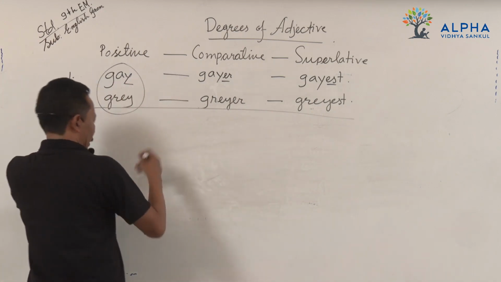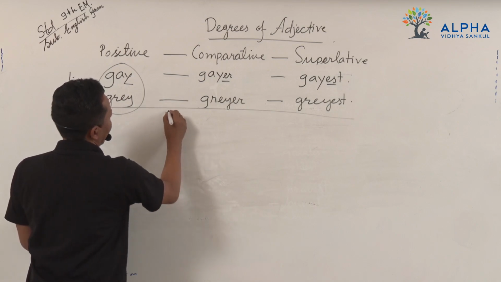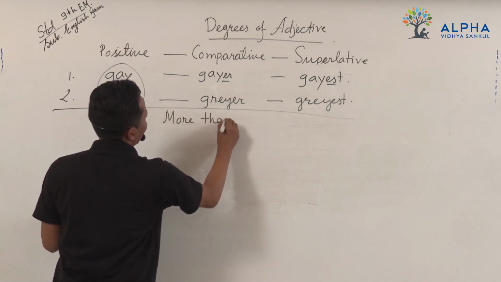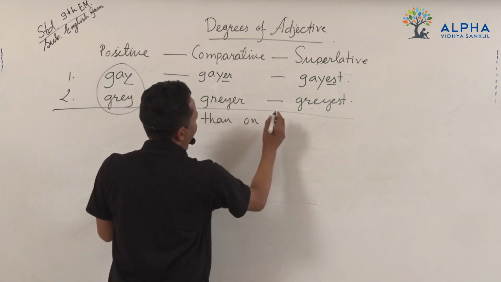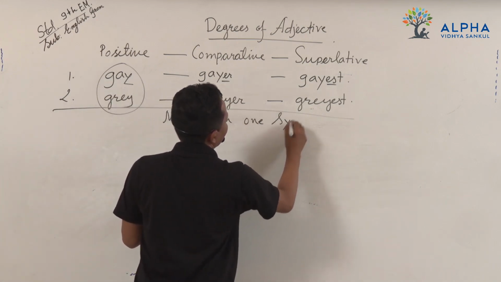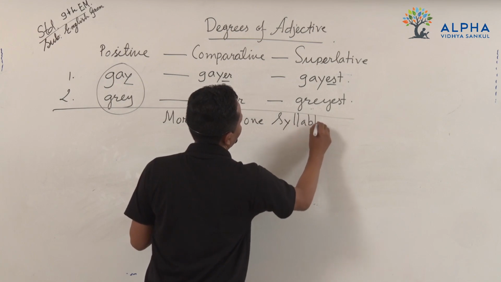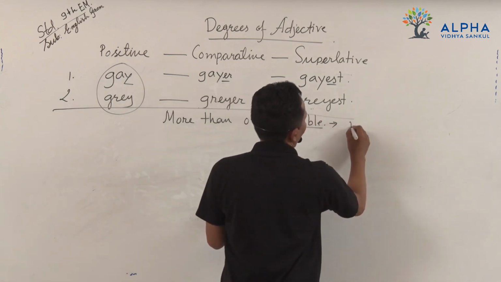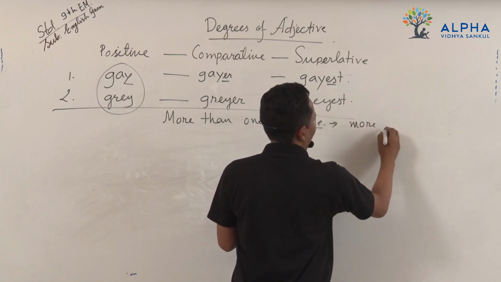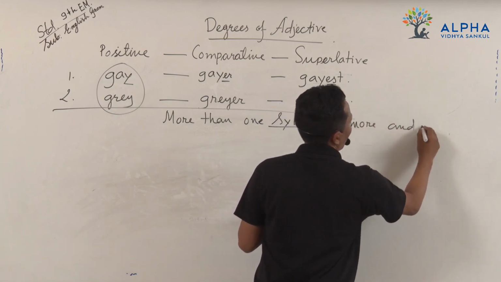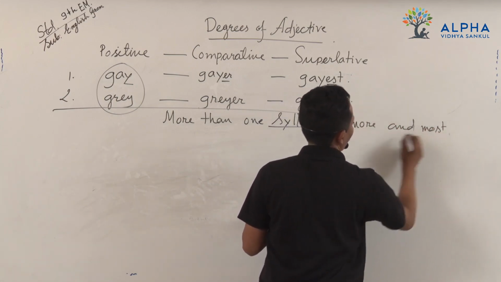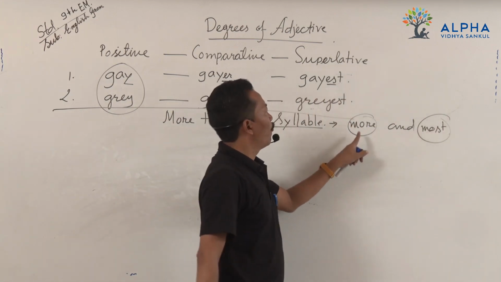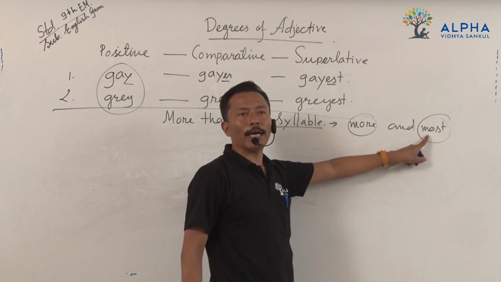If the adjective is more than one syllable, then we have to use more and most. More is for the what? For the comparative degree, and most is for the superlative degree.